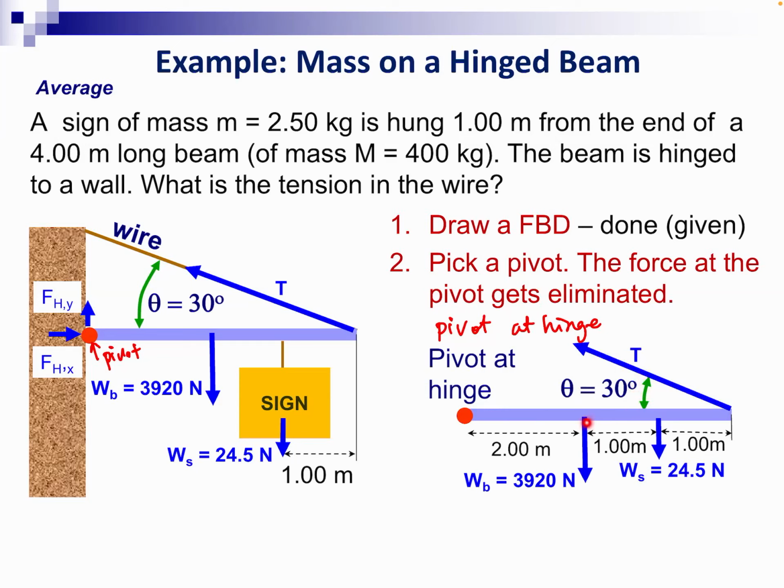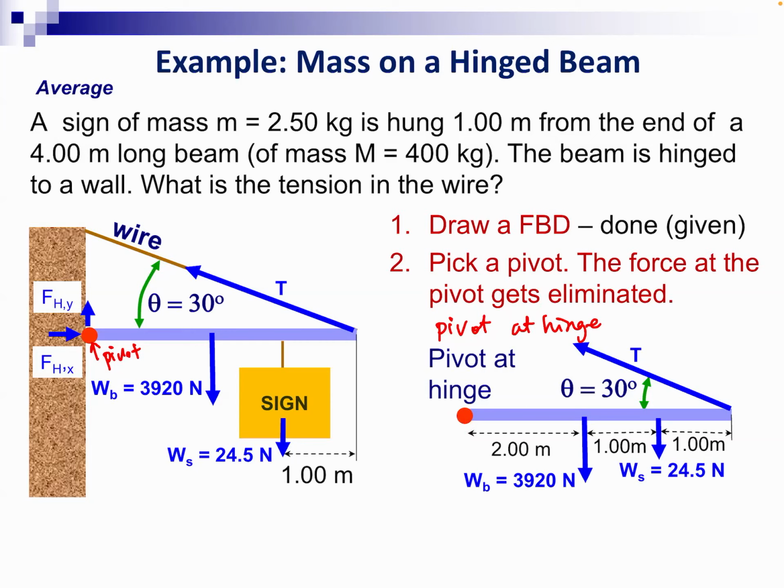You have the weight force of the beam acting at its center of mass, the middle, and the weight force of the sign acting 1 meter away from one end of the beam. You don't have to worry about the forces at the hinge, FHY and FHX, because you've put your pivot at that point, and so you eliminate FHY and FHX.